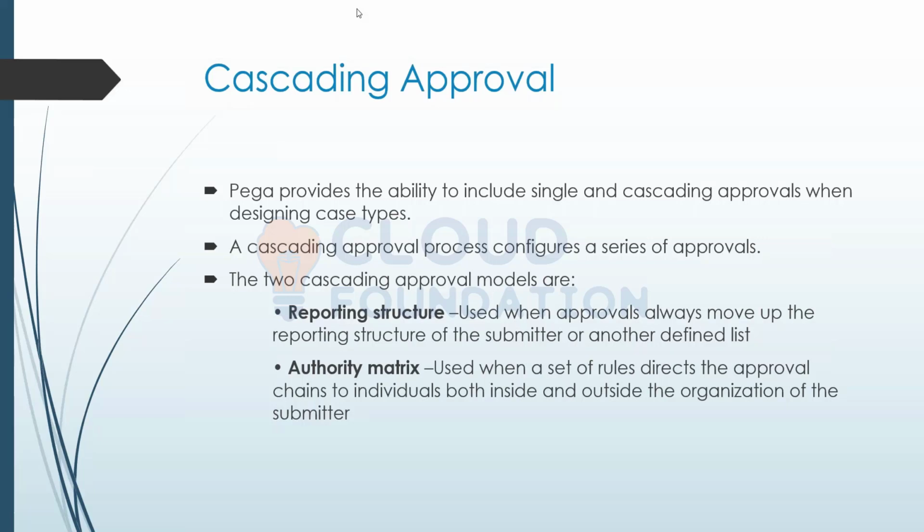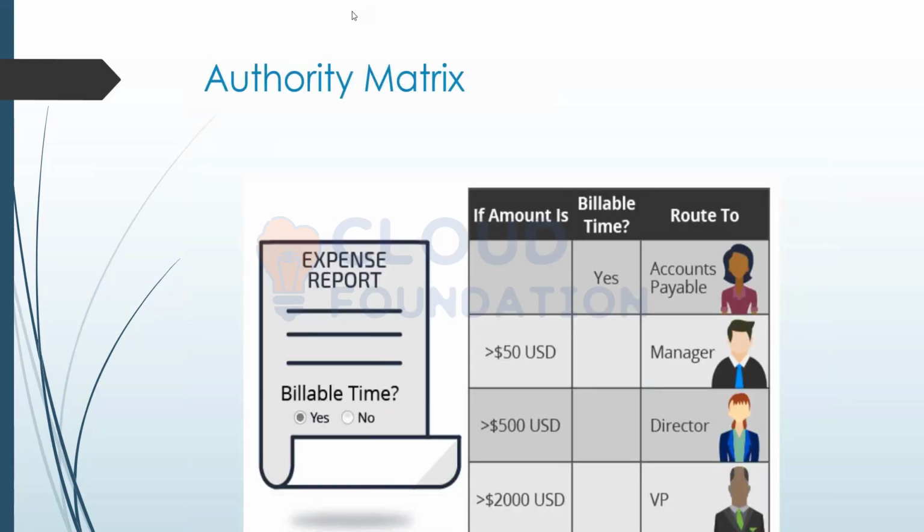From the manager, it might go to the finance team, auditor, and then finance manager. Does it mean your manager is reporting to finance manager? No, right? But still the approval is required from people outside your department. So authority matrix is where people from different departments, or people who are not part of your team, are also involved in the approvals.